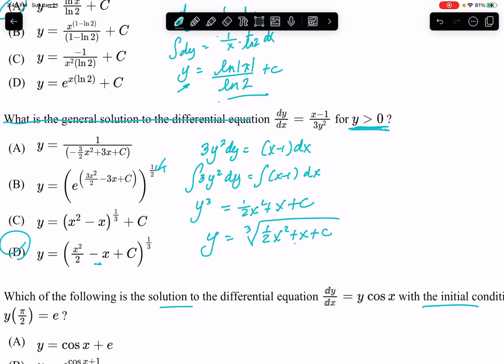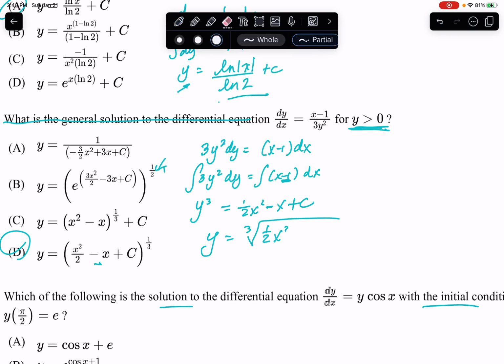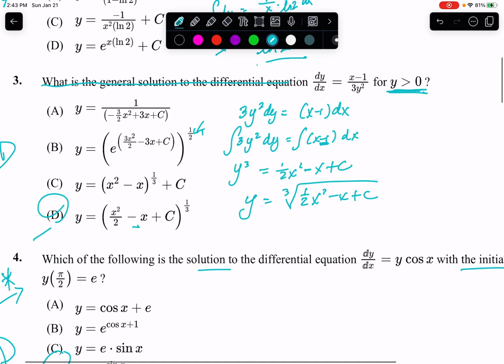And I did not, because everything else is right. So what did I do wrong here? Oh, I just silly. When I took this, it should have been a negative here. So you probably caught that. That should be negative, so then that makes that negative. I'll erase it so it looks nicer. Okay, 1/2 x squared minus x plus c. So that would get you D.